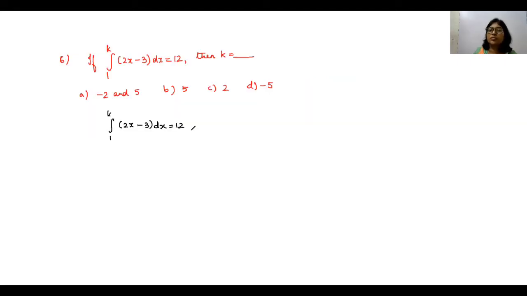This is a question on definite integration. The value is given, we have to find k. So integrate, simple one. Integration of x is x square by 2 and 3 is 3x.